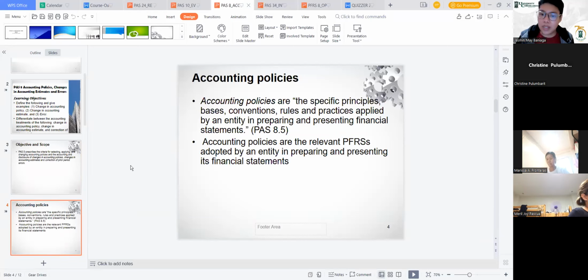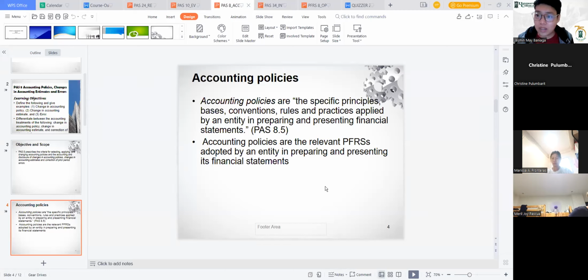Guys, please remember this definition. This is the valid definition of accounting policies under PAS 8. Basically, these are the specific principles, bases, conventions, rules, and practices applied by the entity in preparing and presenting financial statements. Basically, we term that one as accounting policies.